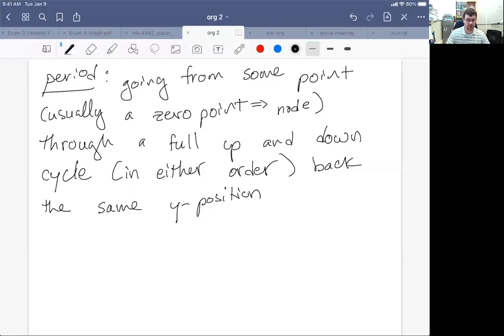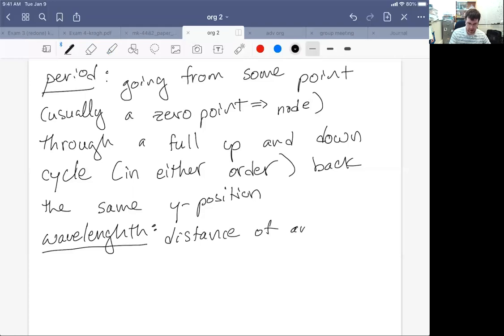Now, a wavelength is related to this. This is the distance of an entire period of a wave. Entire is kind of a bit redundant.